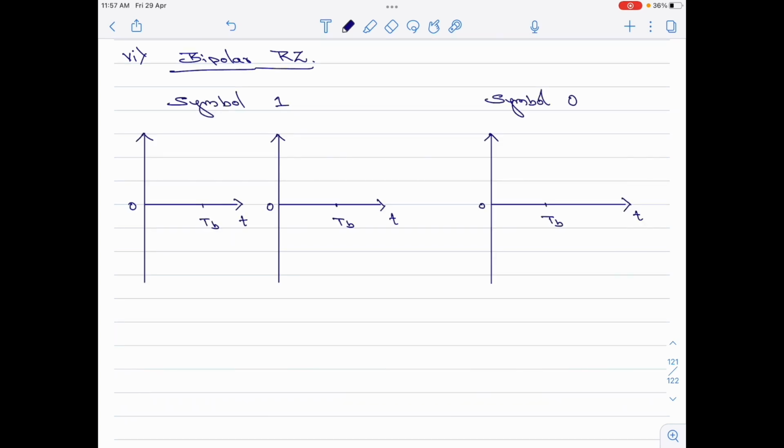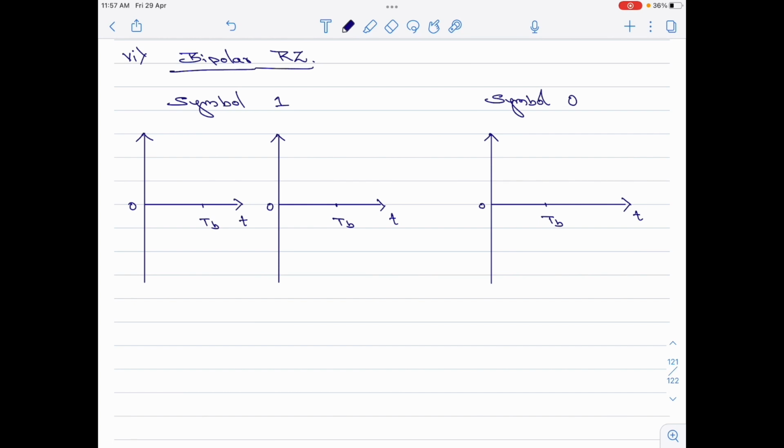So, we now say that for a bipolar return to 0, a symbol 1 and symbol 0 are transmitted with a positive and negative pulse, but this time the pulses will be of TB by 2 duration.